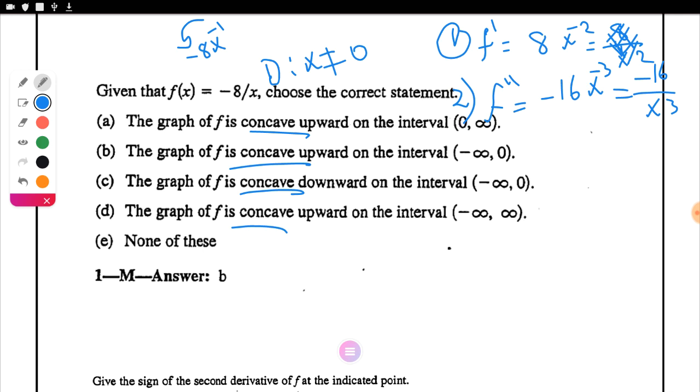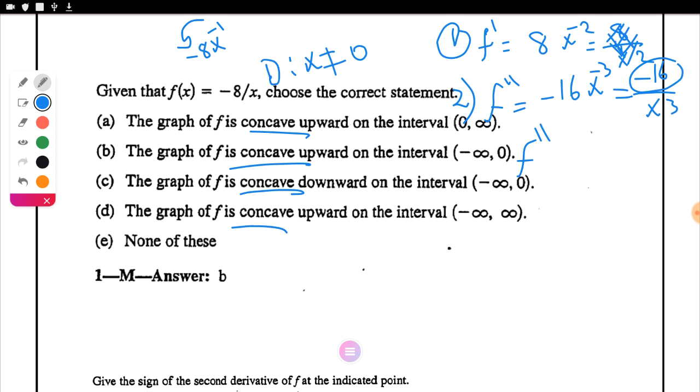Find the zeros, where the second derivative equals 0 or does not exist. Since the numerator is 16, positive, it cannot be 0, so the second derivative cannot be 0. Since the second derivative is a rational function, the values of x at which it equals 0 are the values that make the numerator equal 0.